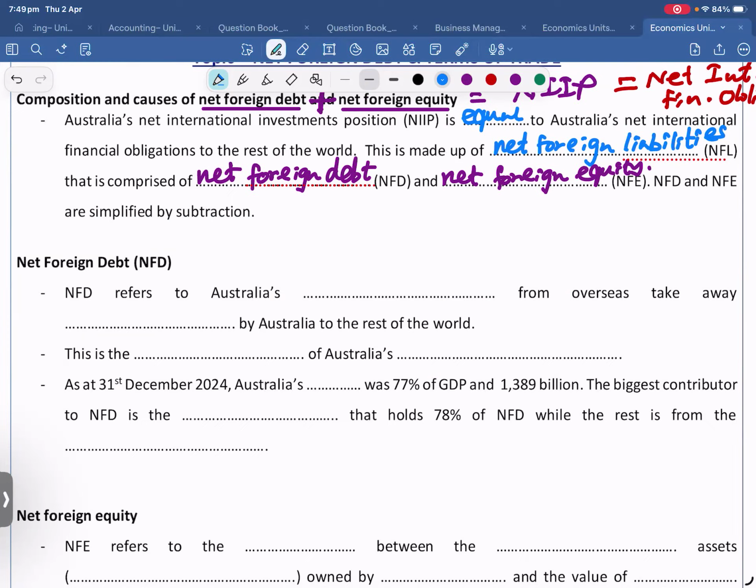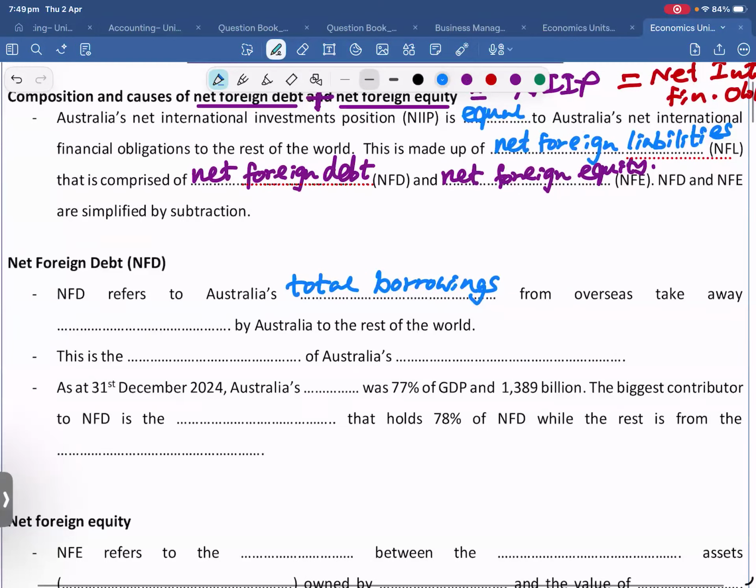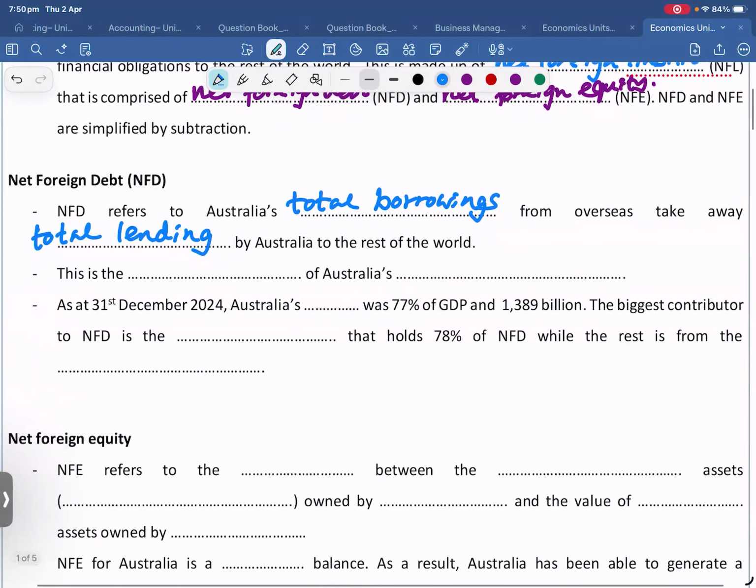Net foreign debt refers to Australia's total borrowings from overseas, take away total lending by Australia to the rest of the world.